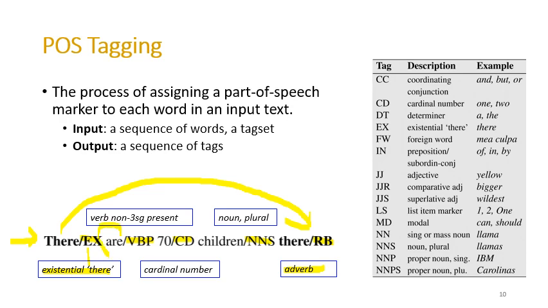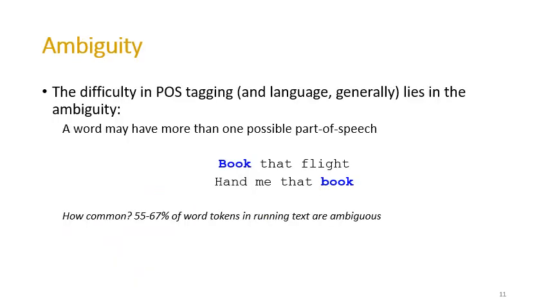Then are is a verb, non-third person singular present. 70 is a cardinal number. Children is a noun, and it is plural. So that's an example of the result of the part-of-speech tagging process.